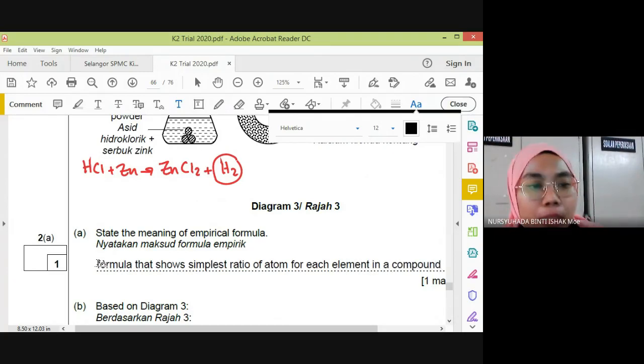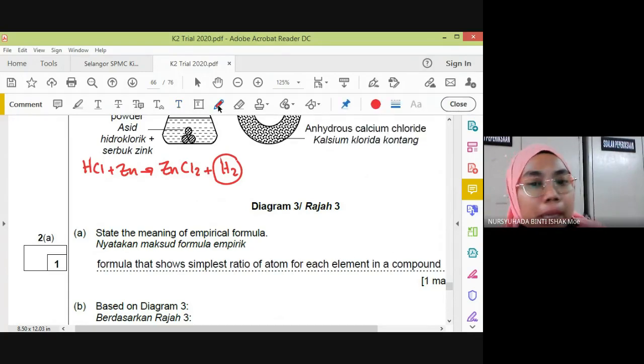Okay, cikgu nak bagi tahu sekali lagi. Untuk soalan meaning, definition, tolong tulis definition yang tepat and penuh. Satu markah macam ni kalau kamu tertinggal mana-mana word memang akan dapat kosong. Faham? So siapa-siapa yang memang nak dapat A+ chemistry, tolong soalan definition kamu kena memorize dengan betul.